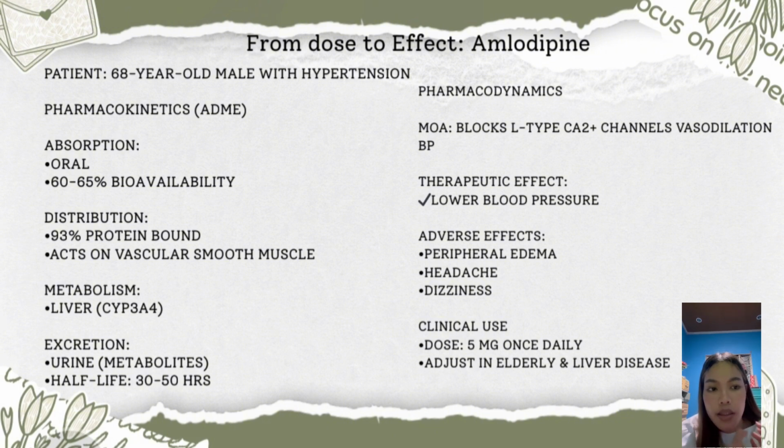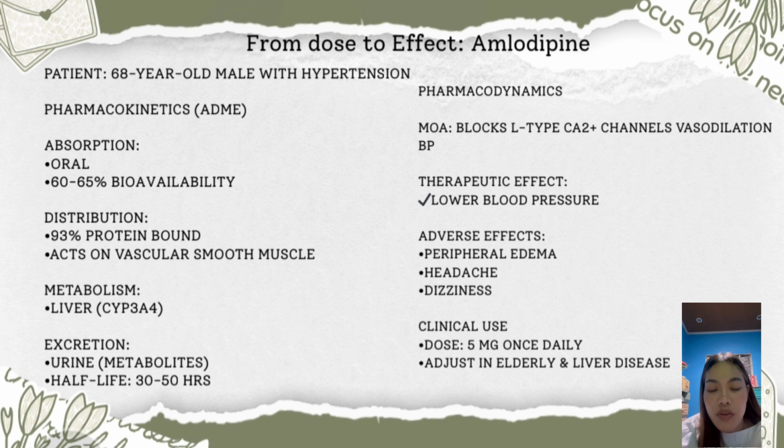Next is the therapeutic effect versus adverse effect. Therapeutically, amlodipine lowers systolic and diastolic blood pressure and reduces cardiovascular risk. However, due to selective arteriolar dilation, it may cause peripheral edema.